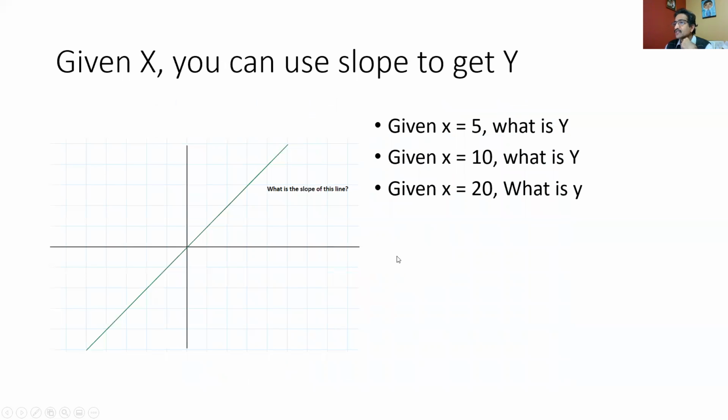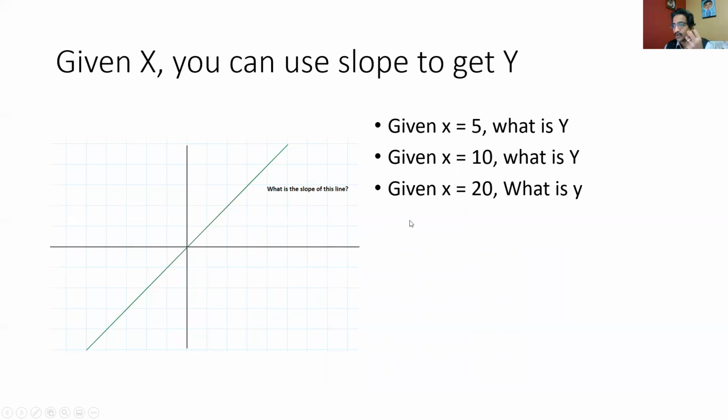Now let me ask a question. Given x is equal to 5, what is y in this picture? So this is point 1, 2, 3, 4, and 5. What's the value of y? It's 5.